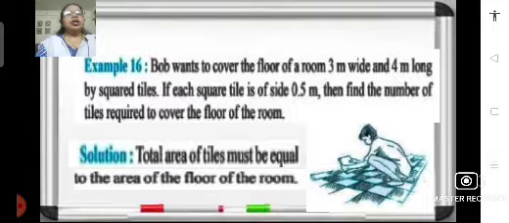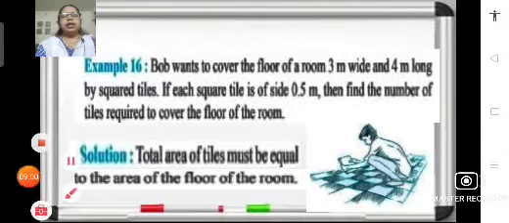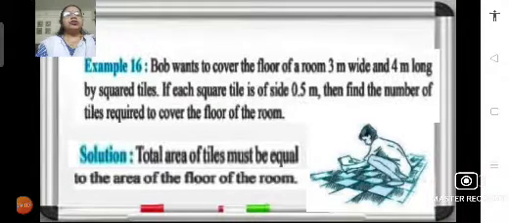Next example. Bob wants to cover the floor of a room 3 meter wide and 4 meter long by square tiles. This problem is very important and you have to be very attentive to understand this. So here Bob wants to cover the floor of a room. What is its width?